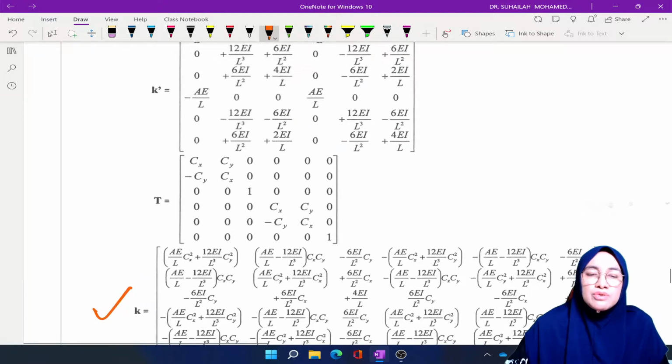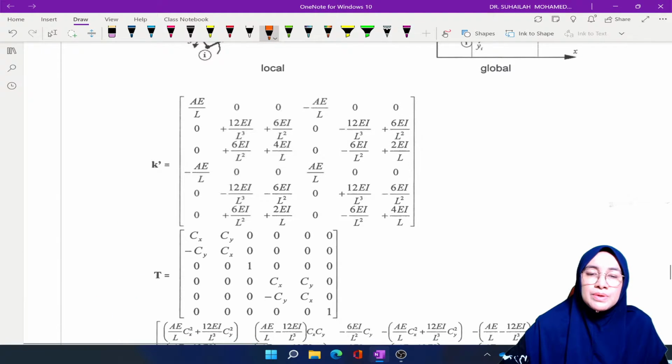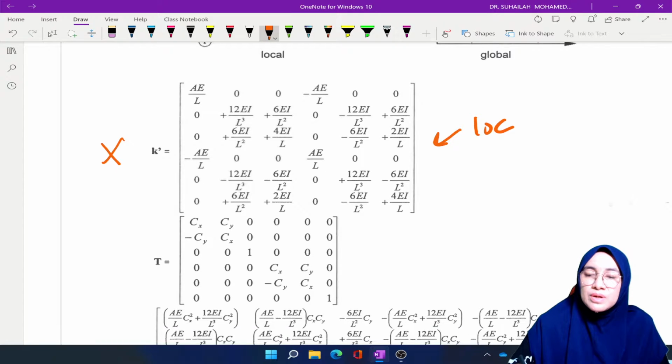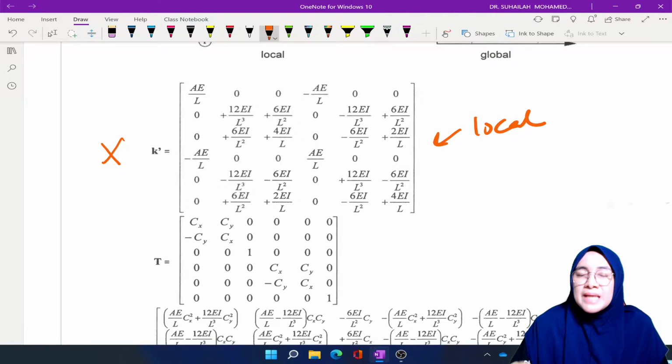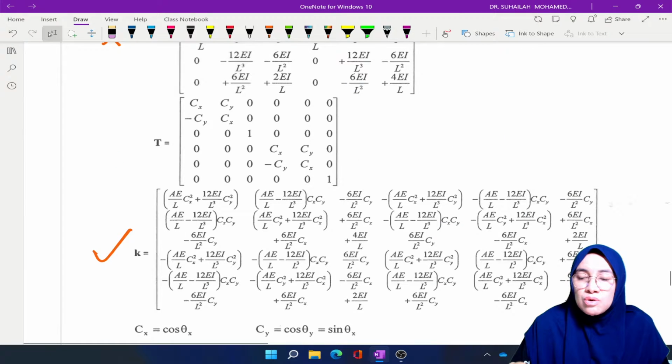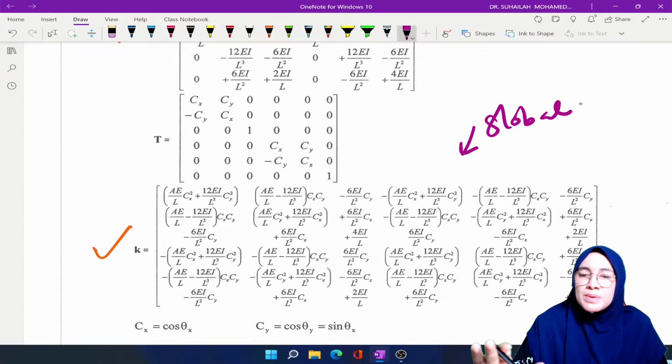We cannot use K prime, because this one is for the local coordinate system. What we analyze is actually the global system. So for the global system, we need to refer to the formula as shown here.